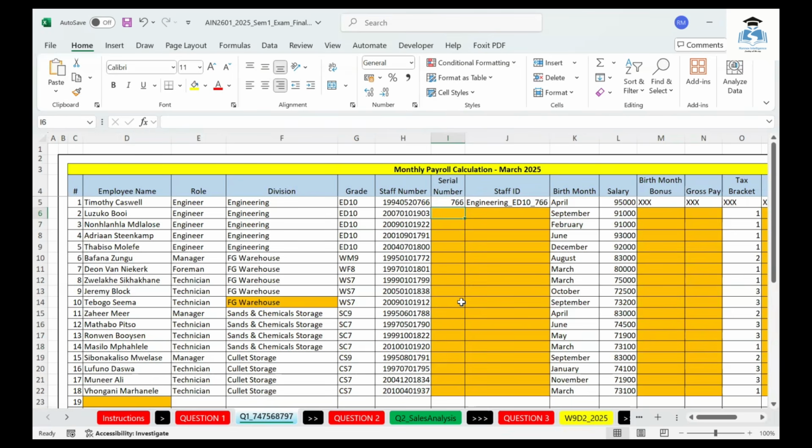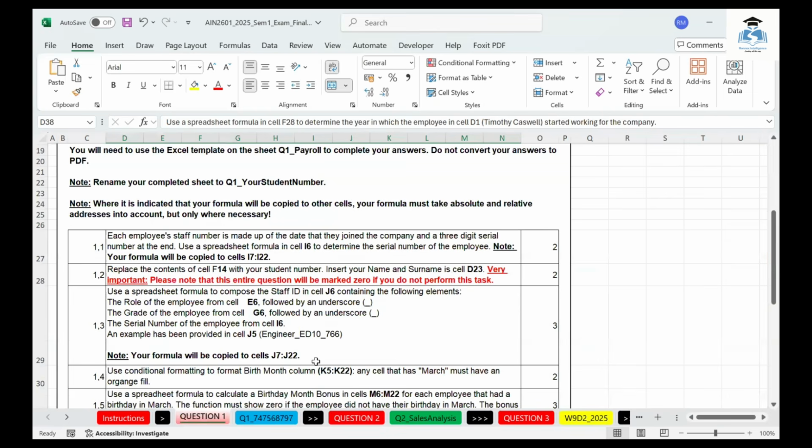It's equal to RIGHT, then H6, then 3. Yes. Then we got the serial number. Then we drag it down. Are you seeing that these things are simple, guys?